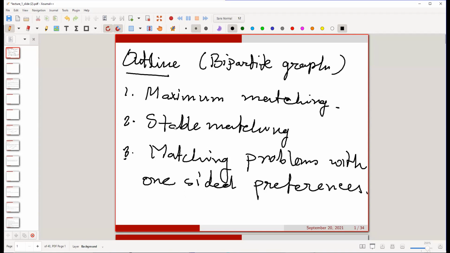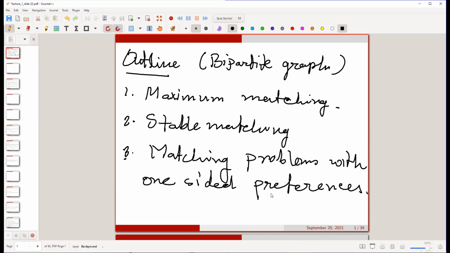So what are matching problems with one-sided preference? You can think of it as there are some projects and some students, and we have to assign students to projects, and only the students have a preference over the projects, but the projects of course don't have any preference over the students. So that's the problem with one-sided preferences.